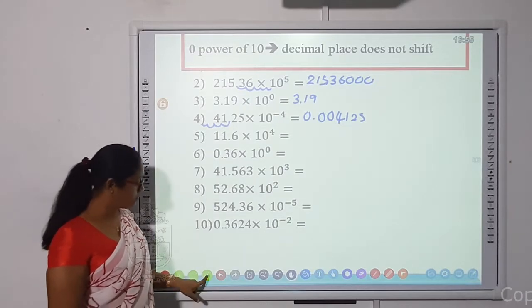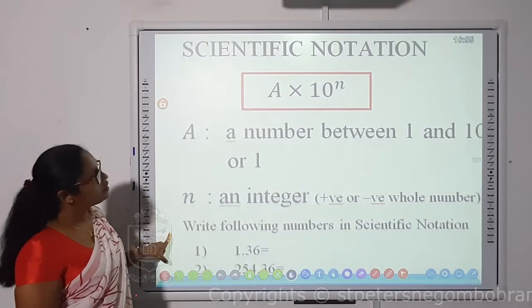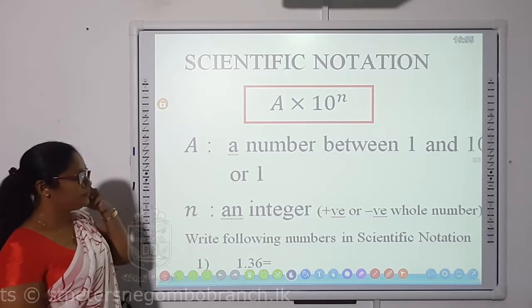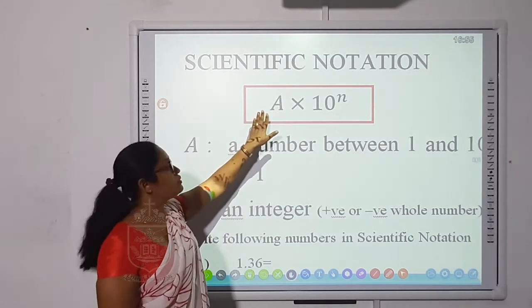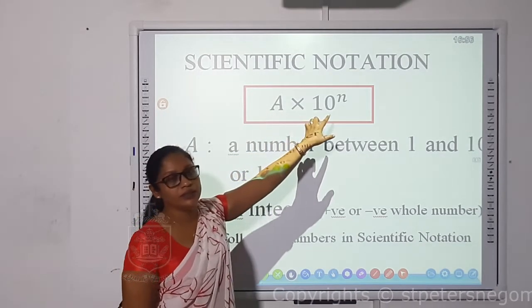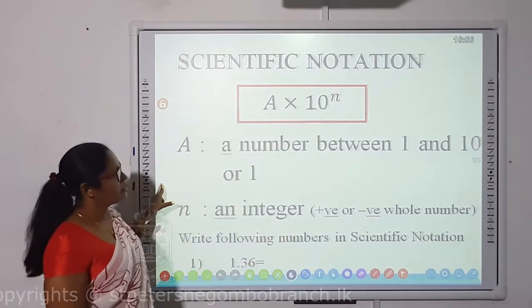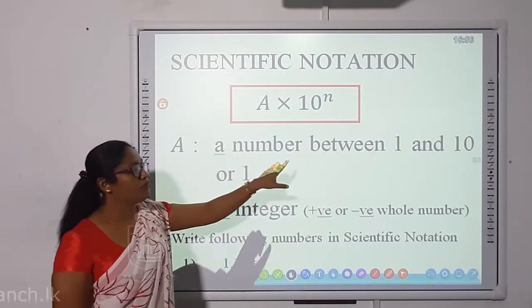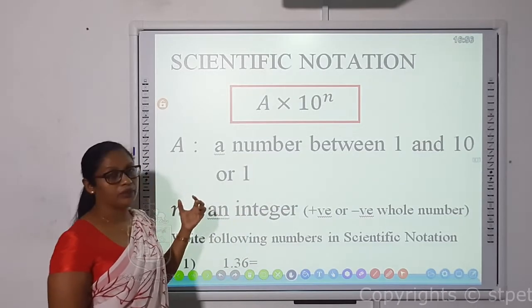Now we will move to the next theory. Here I want to explain scientific notation. In the format of scientific notation, we can see a number. I use letter A to represent that number, and also times 10 to the power n. N is also a number. Now, A is a number between 1 and 10, or it can be 1.